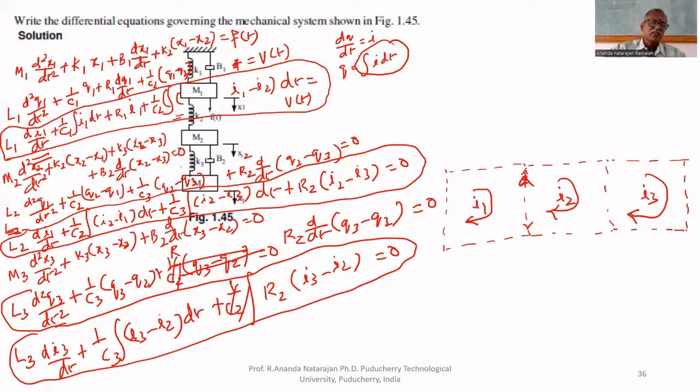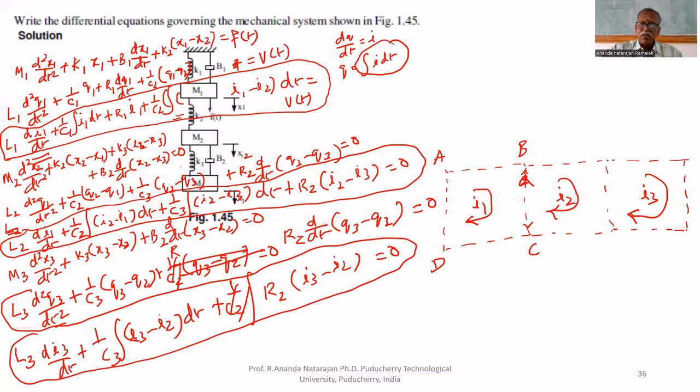If you consider the first equation, L1 di1 by dt, only I1 is flowing. Therefore, we can draw this in any one of these three sides. Except BC, you can draw either at AB or AD or DC.